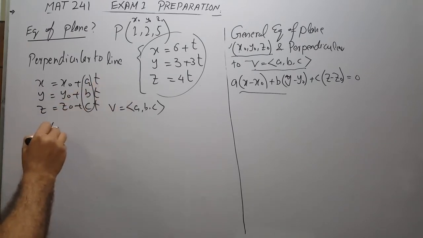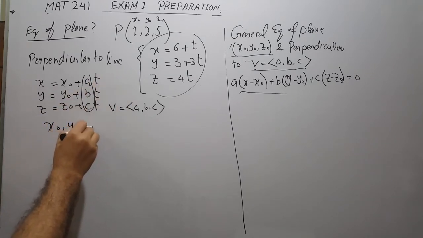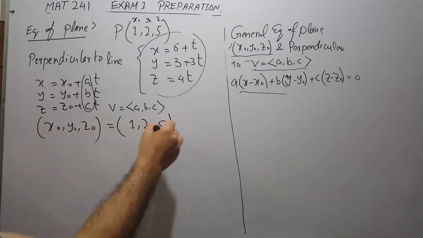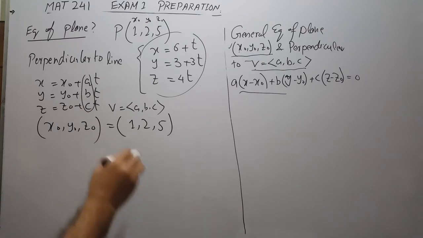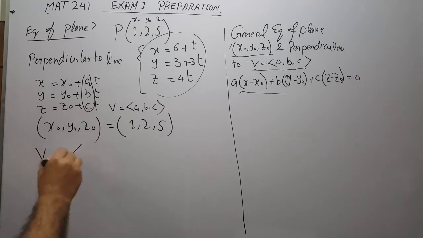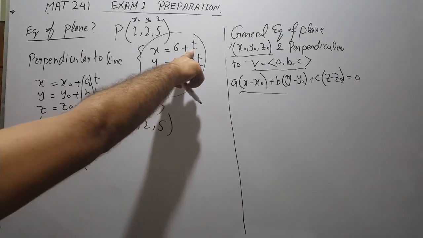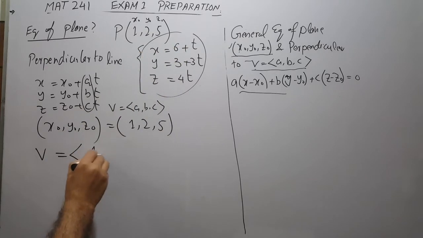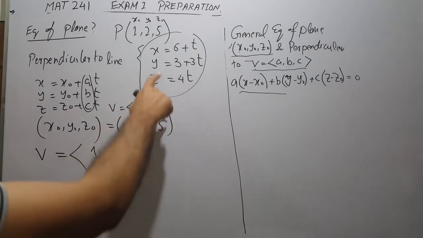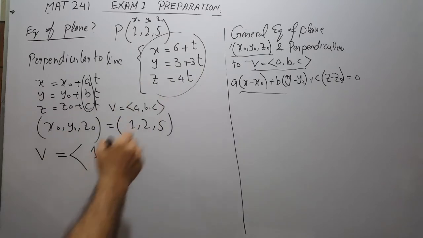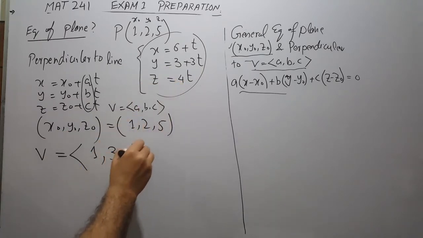So we know that our x naught, y naught, and z naught are 1, 2, and 5. And our vector v is: the first entry is the coefficient of t in x, which is 1; the second entry is the coefficient of t in y, which is 3; and the third is in z.